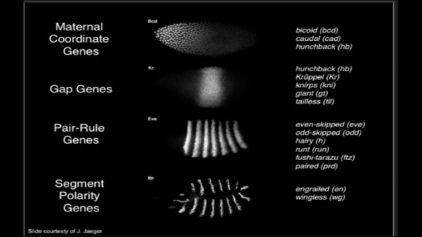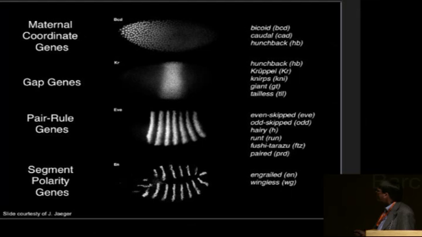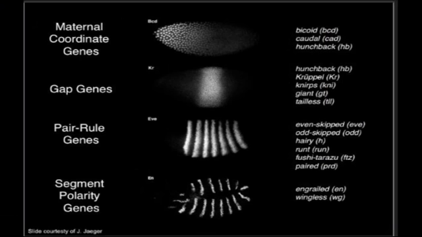This is a slide that was made by my student many years ago. And essentially what happens in the early embryo of Drosophila, these are embryos that have been stained with antibodies. Each dot is a nucleus. Anterior is to the left, dorsal is up. And the brightness of each nucleus is proportional to the concentration of some particular protein in it.